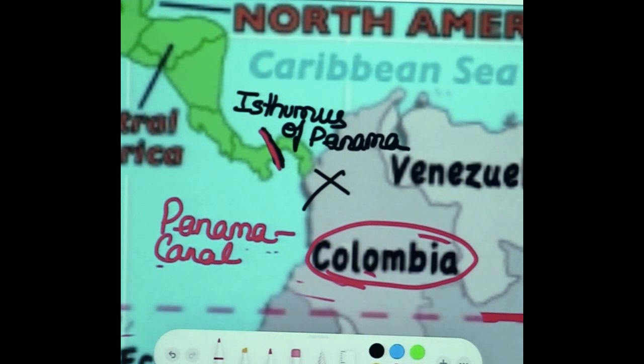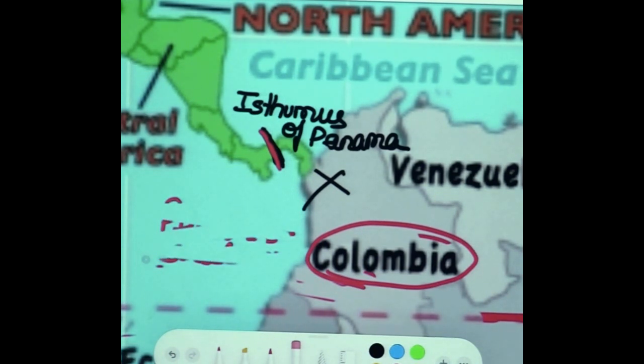And fact 3, Panama has the Isthmus of Panama, a narrow arm of land which connects the bigger landmasses, that is, Central and South America. And the Isthmus of Panama has the Panama Canal.